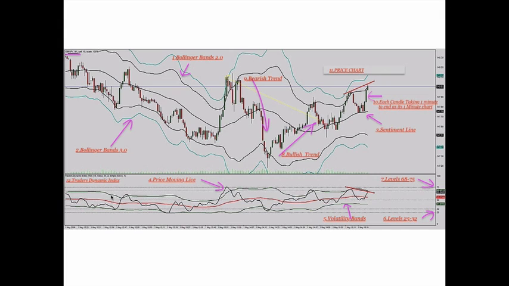As this goes up, comes down, you can see here goes up, comes down. So this is just a mirror image of the price on this bar, which is called the traders dynamic index.